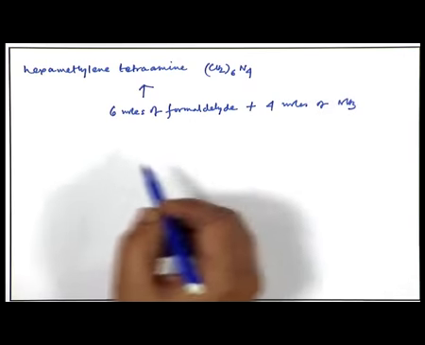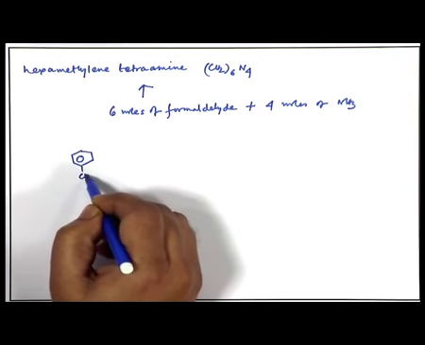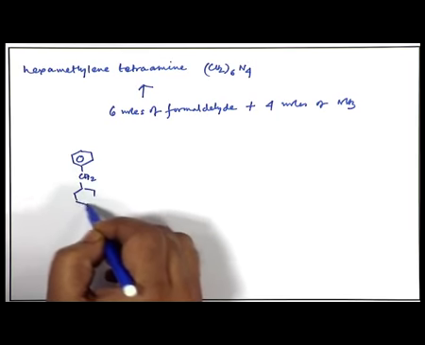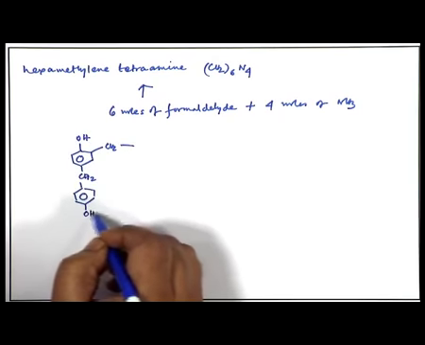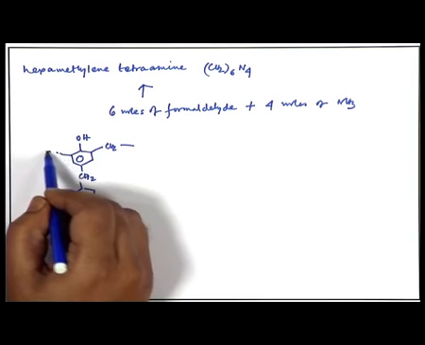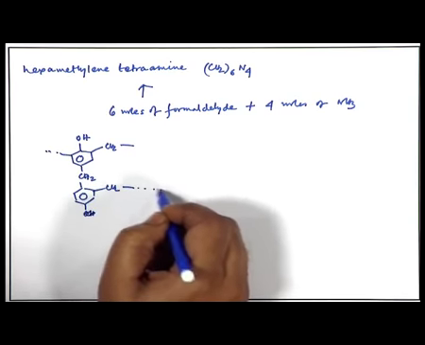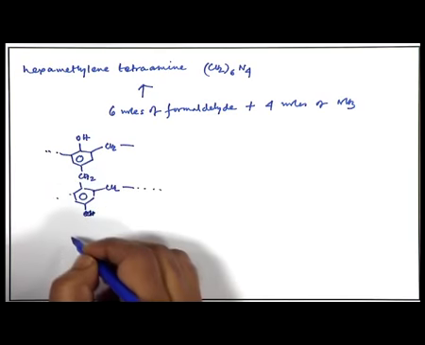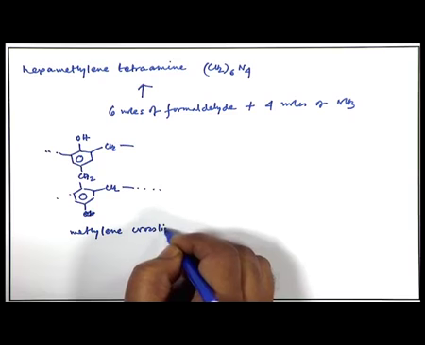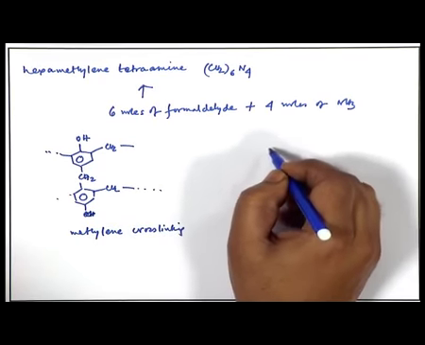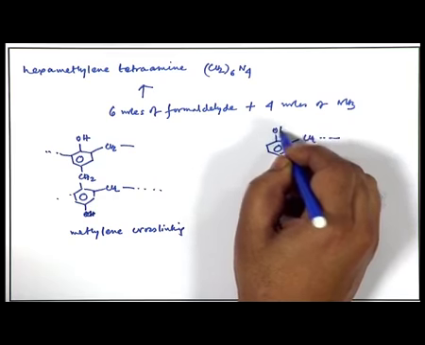ammonia. Now, in this case, in addition to the cross linking linkages which I showed in the last example, the methylene cross linking, you can also have other cross linking, like the one I am writing now.